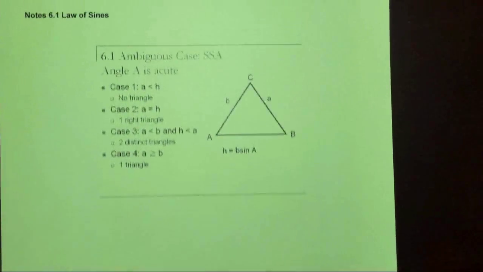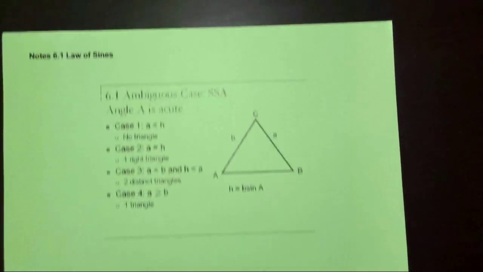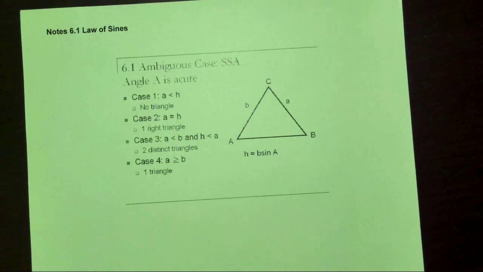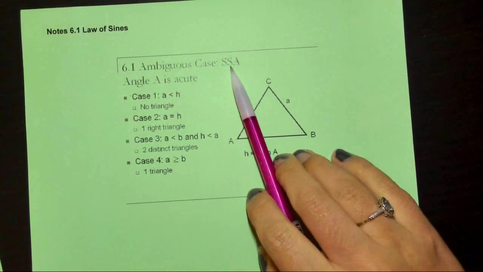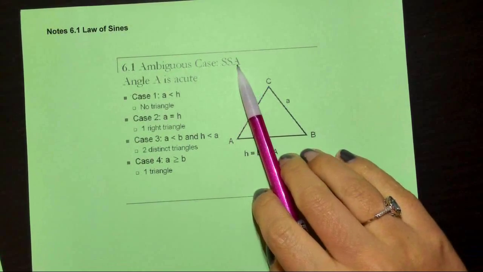Okay. Now, this is when we're going to be talking about the ambiguous case. And there are two classifications for the ambiguous case. Again, the ambiguous case is when you have two sides given to you and the not included angle.